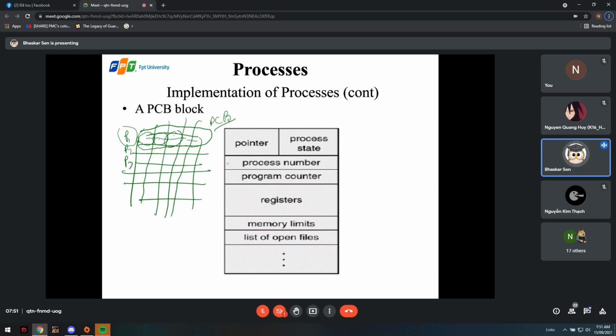And these register values are the ones that will be stored inside the PCB. So it must have a PCB. Okay. So that is what these things are all about.